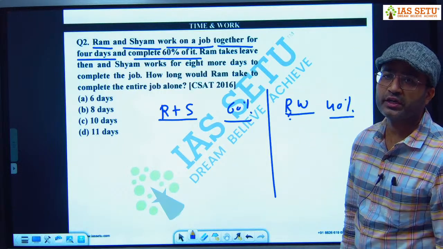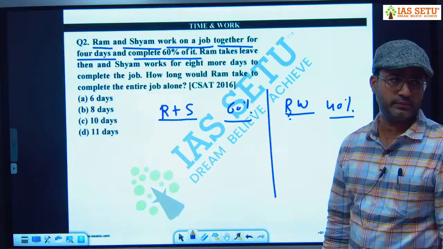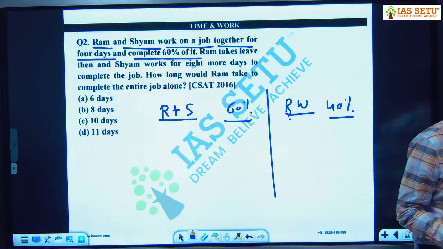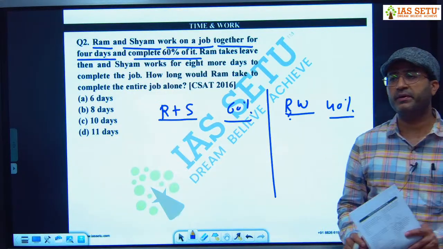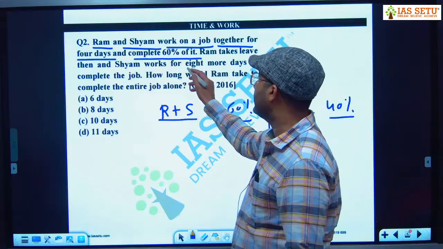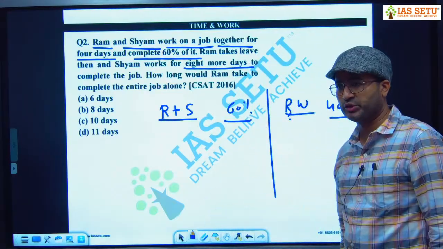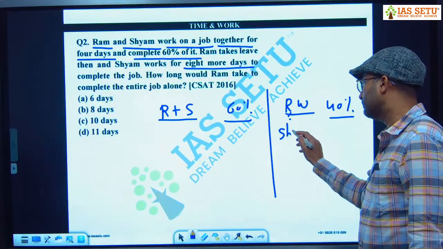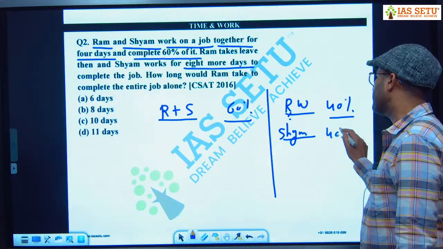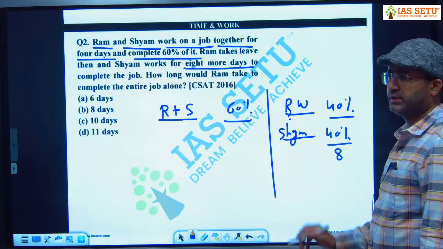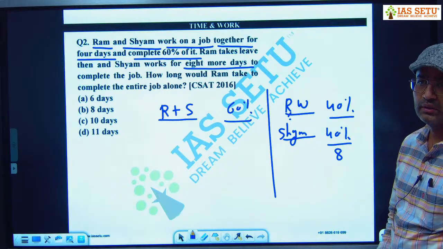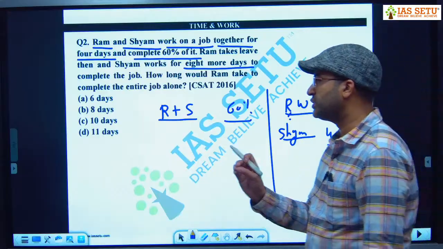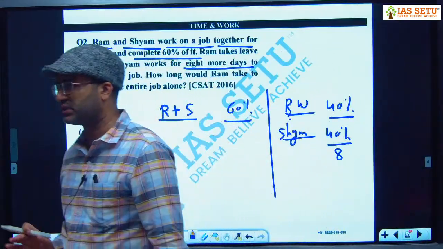And who is doing the remaining work? Sham alone. Because Ram has taken leave, Sham alone is doing the remaining work. And in how many days? 8 more days to complete the job. So it means Sham alone can do 40% work in 8 days. मतलब शाम अकेले बचा हुआ 40% वर्क 8 दिन में कर सकता है.